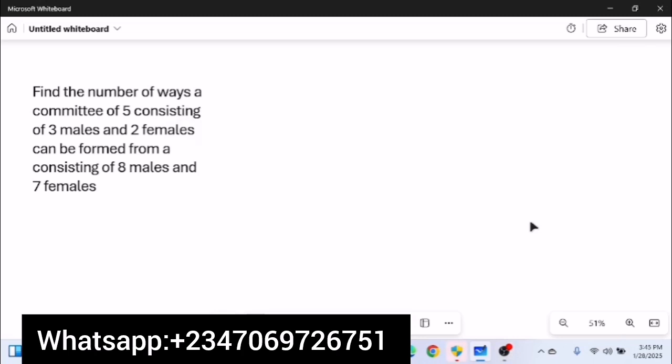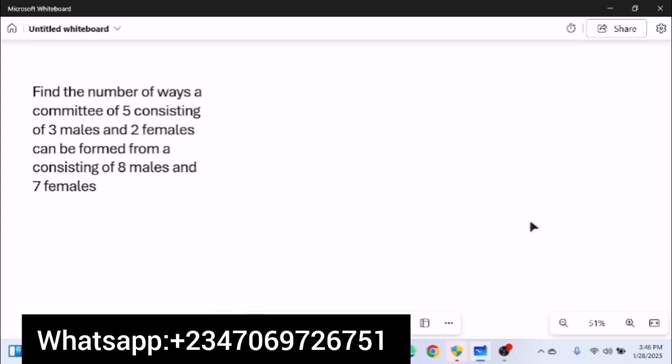Now let's consider this question. It says, find the number of ways a committee of 5 consisting of 3 males and 2 females can be formed from a social club consisting of 8 males and 7 females.